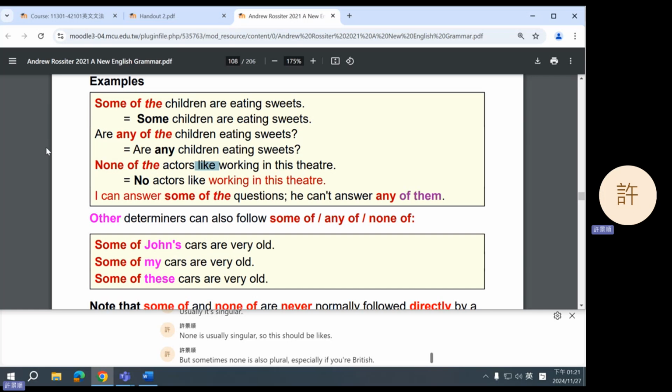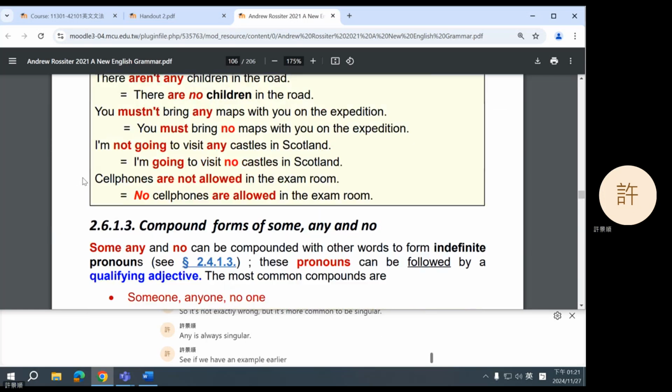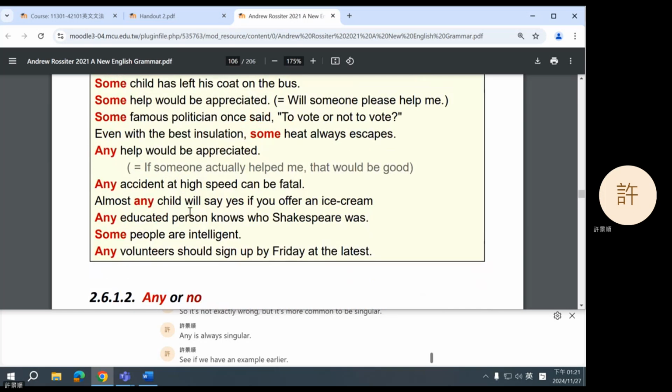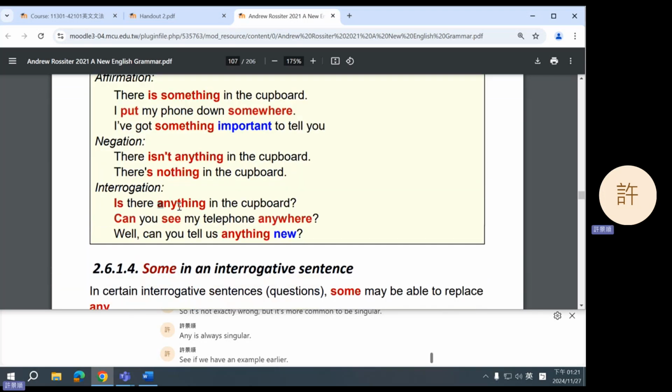So it's not exactly wrong, but it's more common to be singular. Any is always singular. Let's see if we have an example earlier. Here, anything is anything, right? Singular.